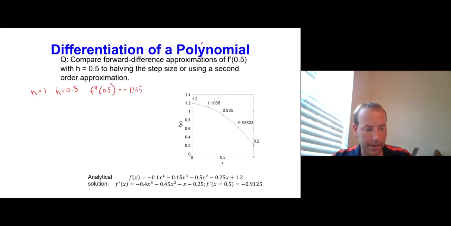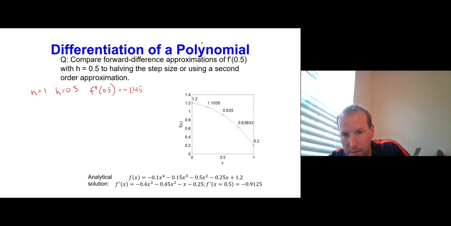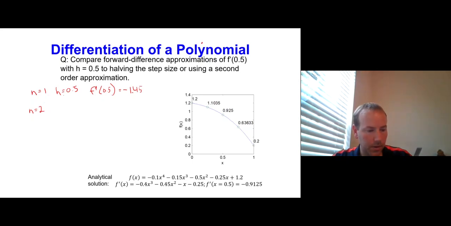Now for a second order approximation, that would be using information at this point and this point. So it's using more information going forward. It's a forward approximation, with order equals 2.